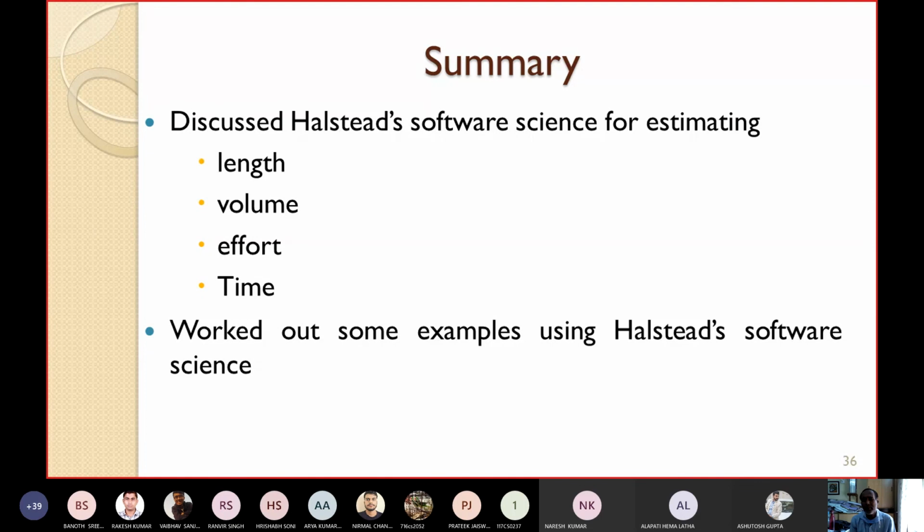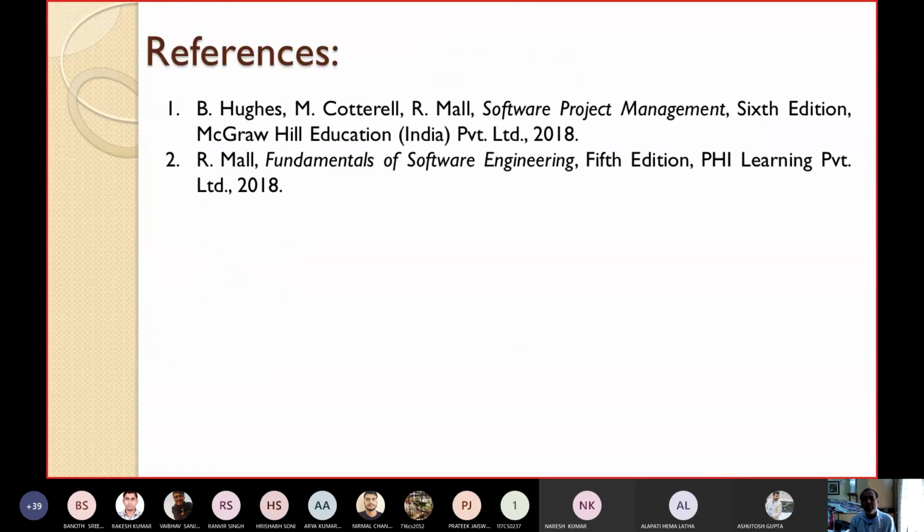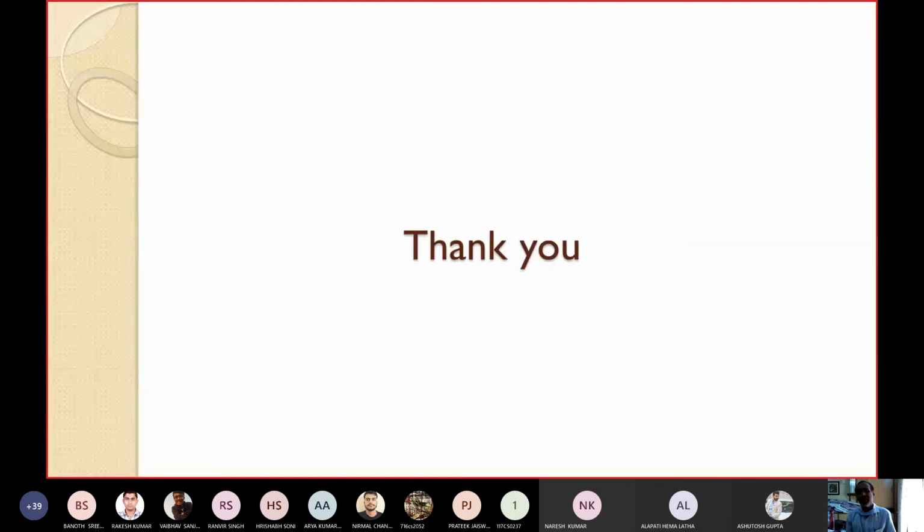We have worked out some examples using it, taken from Rajimol's book and also the three authors' book. You can see for yourself. It is a little bit mathematical, but very easy. Right now you might not have understood, but I request you to please go through it tonight. Definitely you will understand these things. Please refer to the book, and if any doubt, you can ask now.